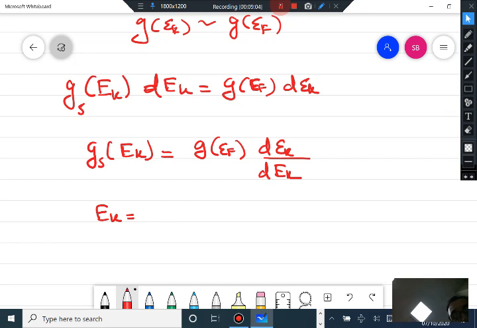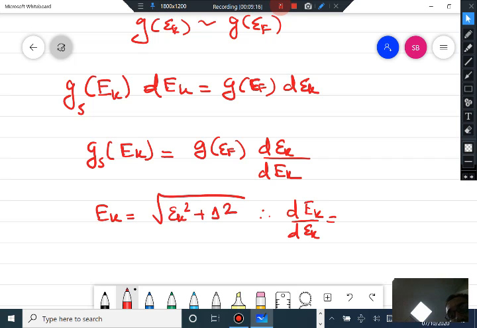Now Ek is square root of Ek square plus delta square, so therefore dEk by dEk is 1 by square root of Ek square plus delta square Ek.